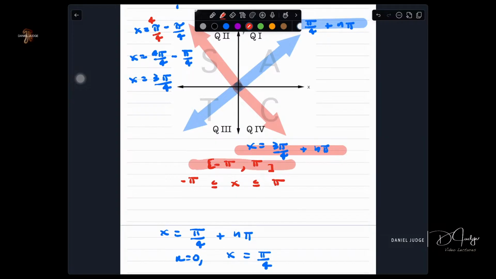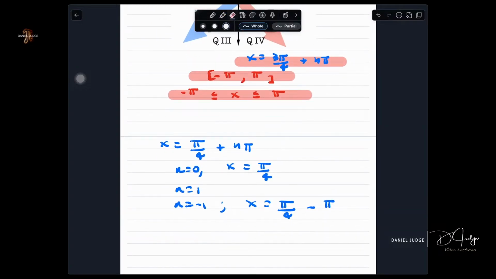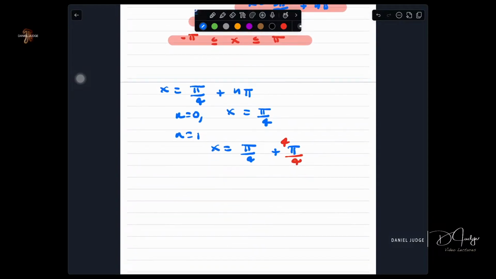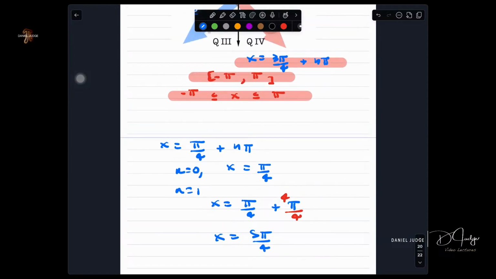Okay, well, in that case, yes, we're going to be able to do this here. We're going to let n be 1 here. And we can generate the next solution, which will be pi over 4 plus pi. Let's just do some arithmetic. That means we get x is 5 pi over 4.